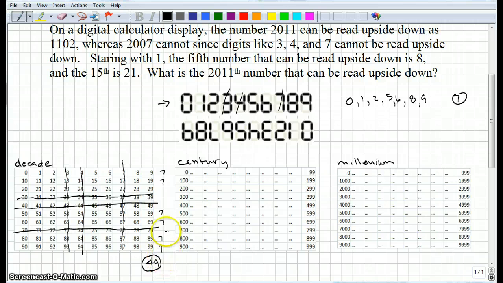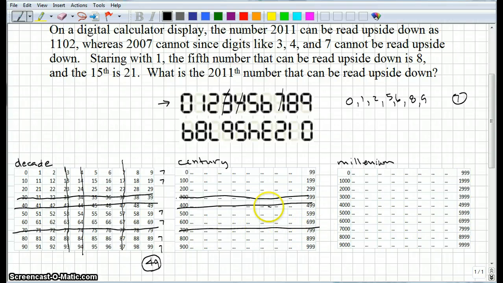So for each century, we have 49 numbers that can be read upside down. The centuries that have a 3, or a 4, or a 7 can't be read upside down. So we're going to have 49 numbers per century that can be read, and we're going to have 7 centuries that can be read, because we've eliminated 3 of the centuries.